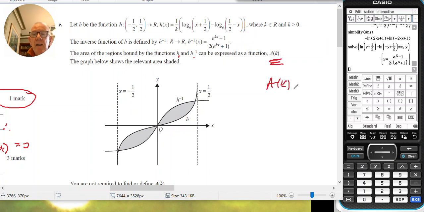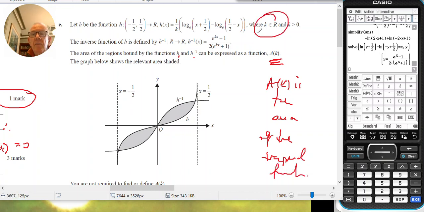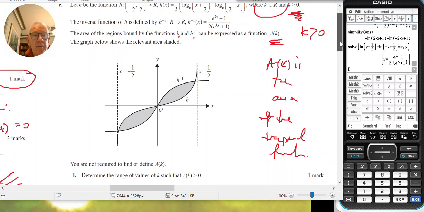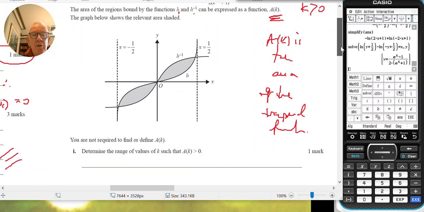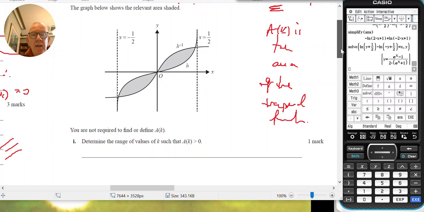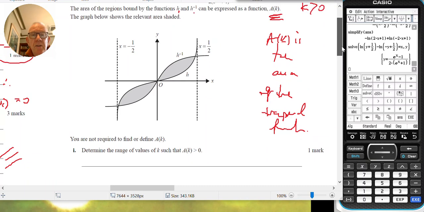A of k is the area of the trapped function, and k is an element of all real numbers, but k is positive. Okay? You are not required to find or define A of k. Determine the range of the values of k such that the area is bigger than 0.